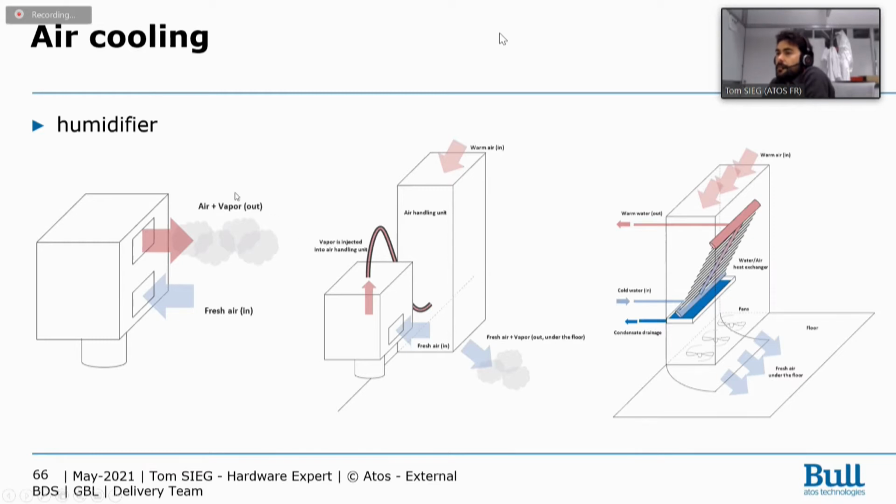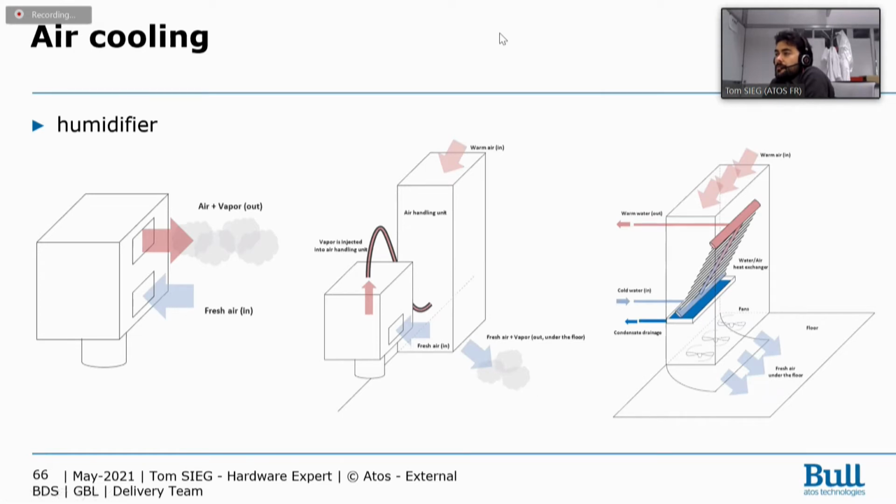If you have a water extractor, the vapor will go outside. If you didn't have this kind of system in your data center, when the air goes inside the heat exchanger, you will put vapor into the room.